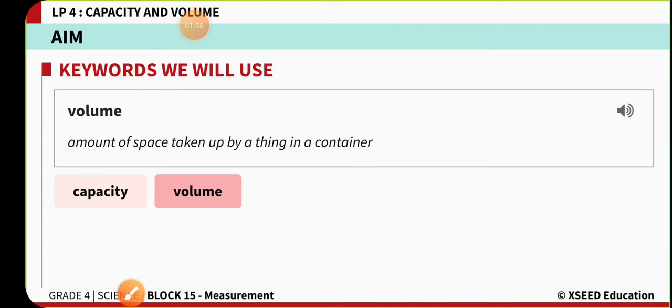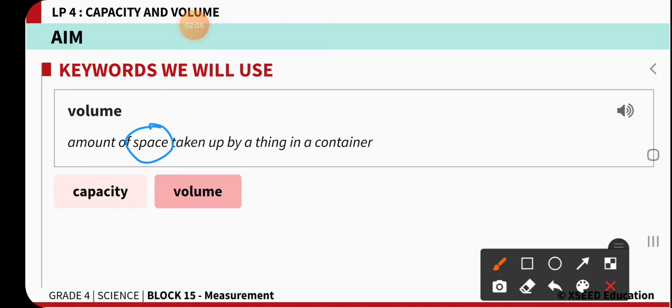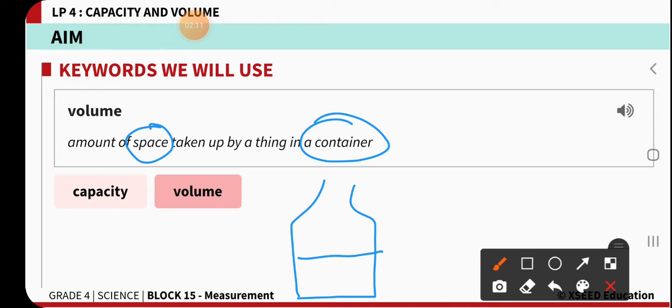Now the second keyword we are going to learn is volume. So volume is about the space that is taken by the object in a container. So if in this particular beaker water is filled up to here, then this is becoming the volume, because only this much space is occupied by the water. So this entire part is becoming the space or volume of the water.